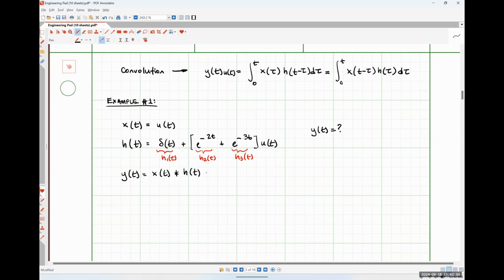So I have x of t convolved with h1 of t plus x of t convolved with h2 of t plus x of t convolved with h3 of t, if that makes the math easier, and it turns out it very much will.